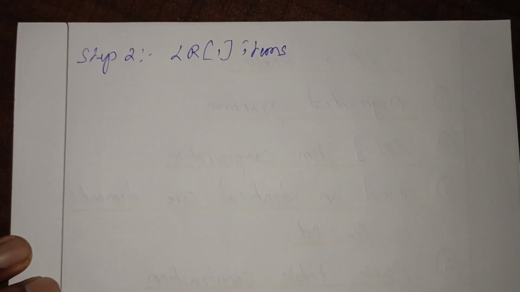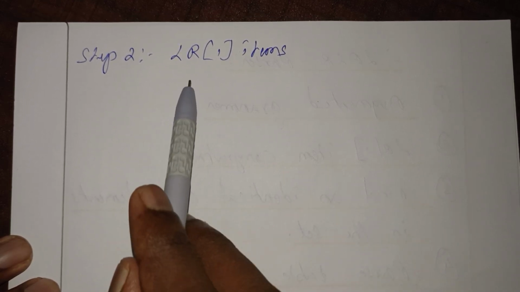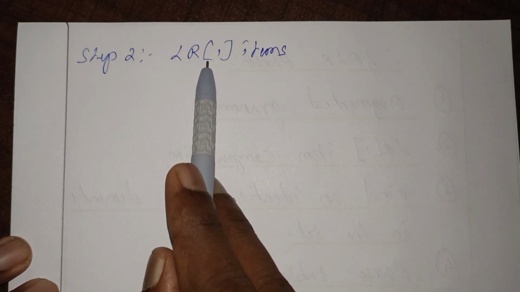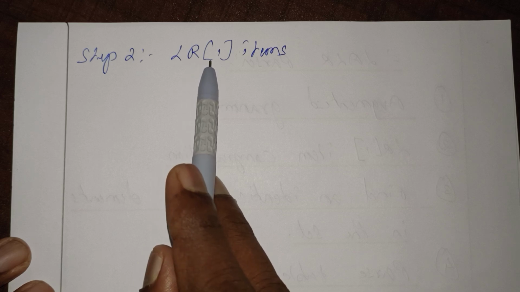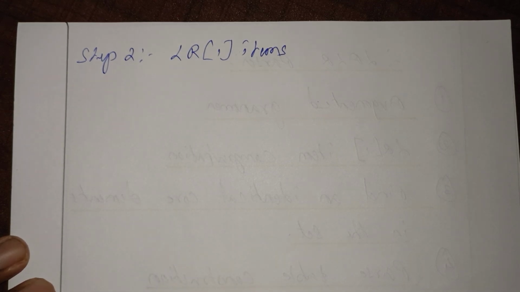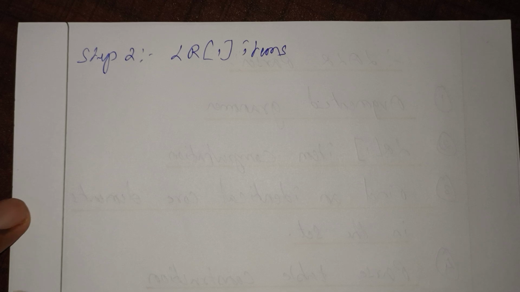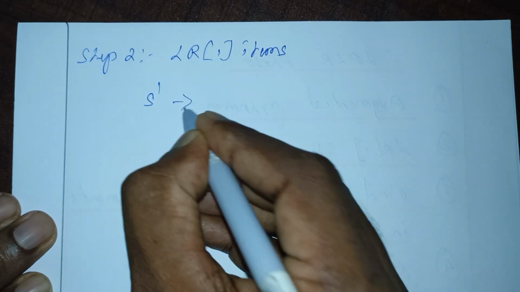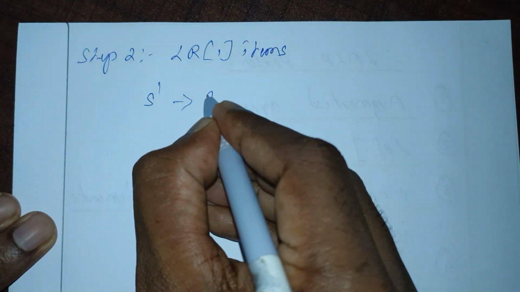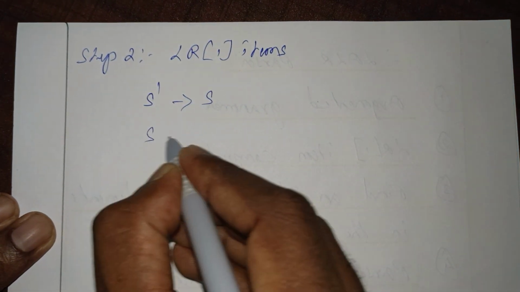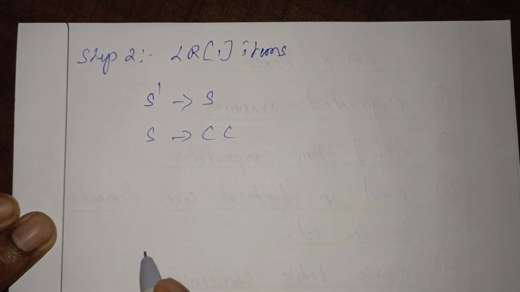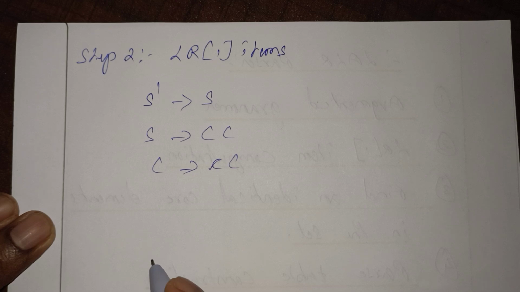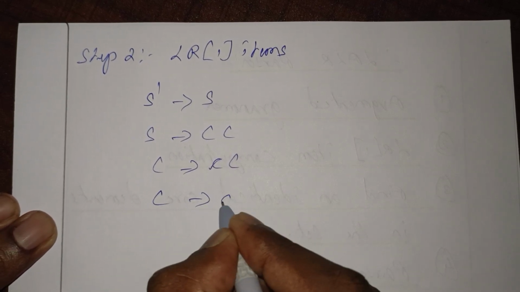Now step number 2. As I already told you, LR of 1 differs from LR of 0. Here LR of 1 stands for look ahead value, so we are going to have a closure technique here. I'm taking the same thing, the previous step repeated here: S' tends to S, S tends to capital C, capital C, C tends to small c, capital C, and C tends to small d.